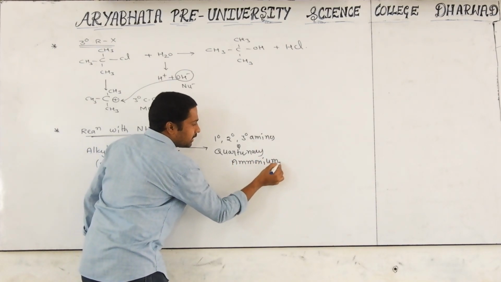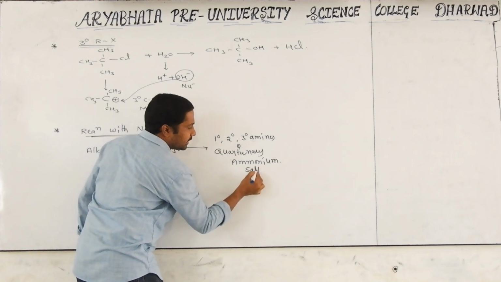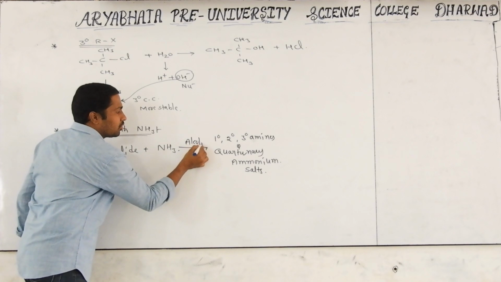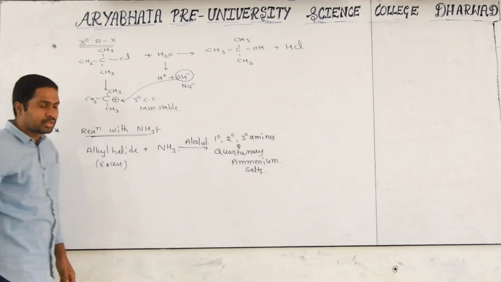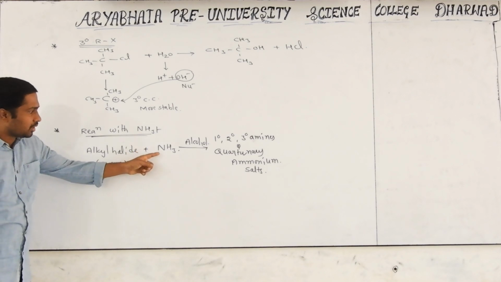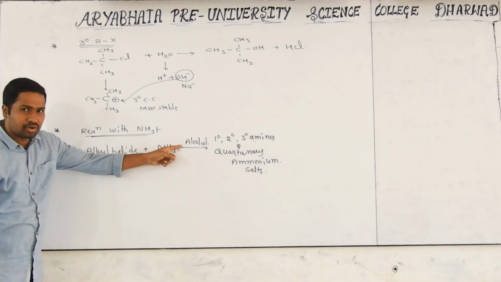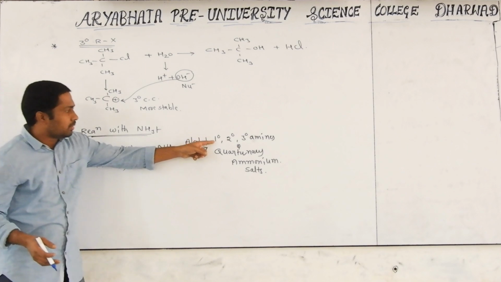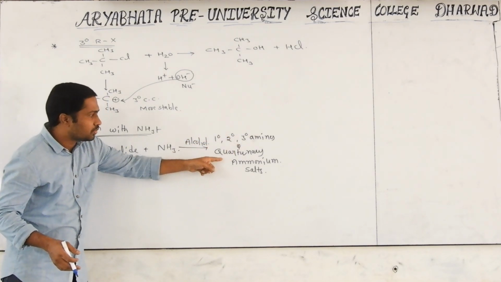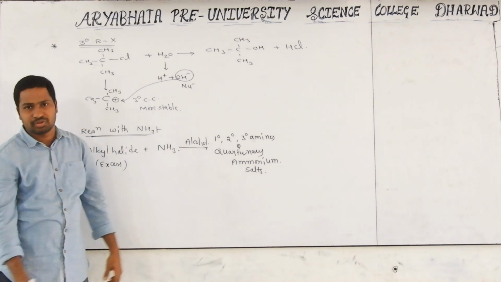How to maintain the medium? It is alcohol medium. What is the reaction? Whenever alkyl halide in excess quantity is treated with ammonia in the presence of alcohol, we get primary amines, secondary amines, tertiary amines, and also quaternary ammonium salts.